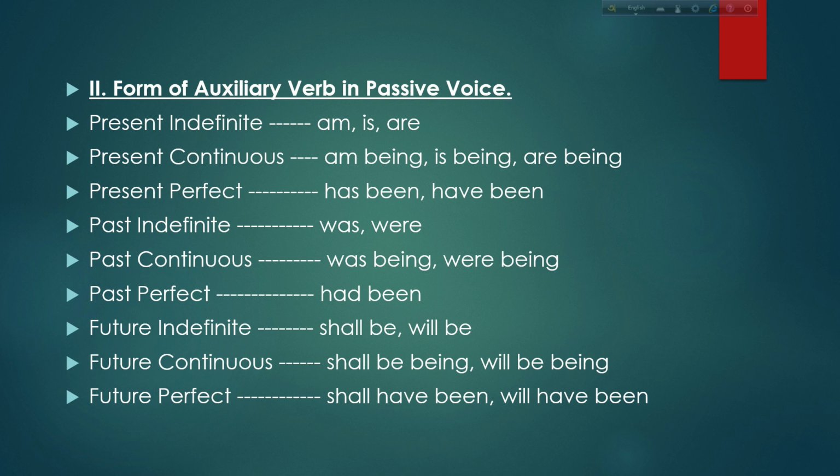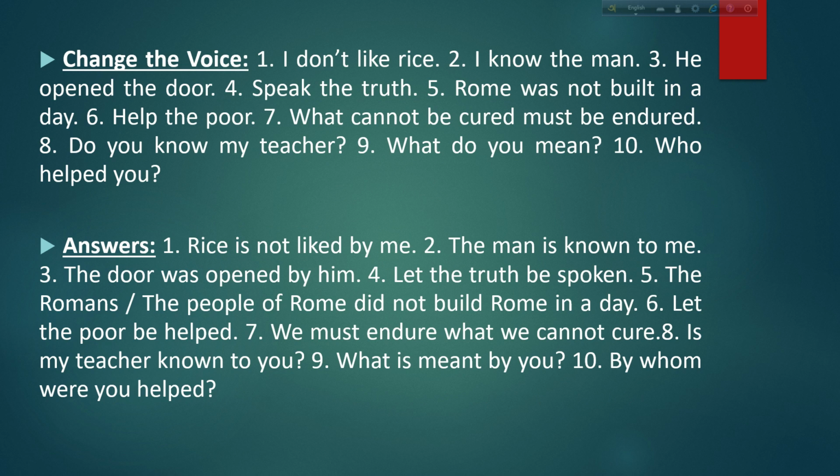So now I am showing some sentences and I am changing the voice here. Here are different types of sentences: present tense, past tense, future tense, and also different forms, that is assertive, interrogative and imperative sentences, and some passive voice sentences are given also. So we are changing the voice of these mixed sentences. First one, I don't like rice. Here it is active voice, I am changing it into passive.